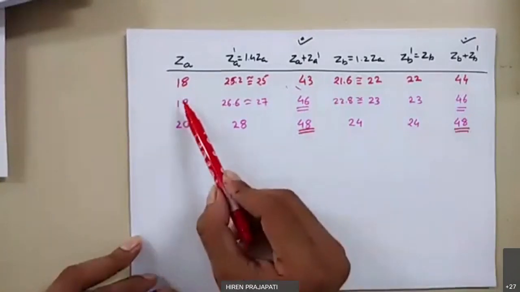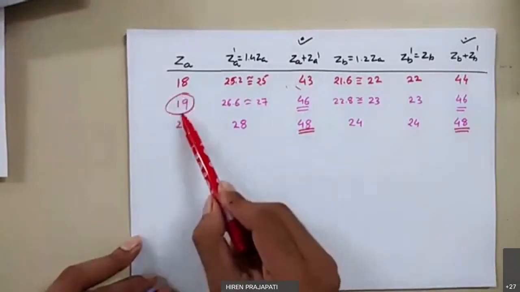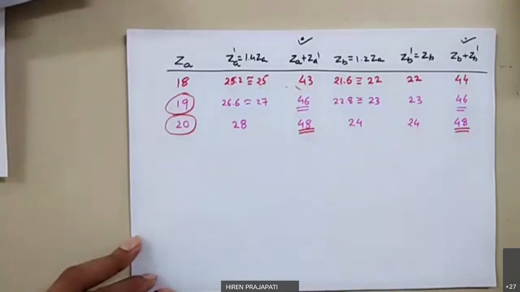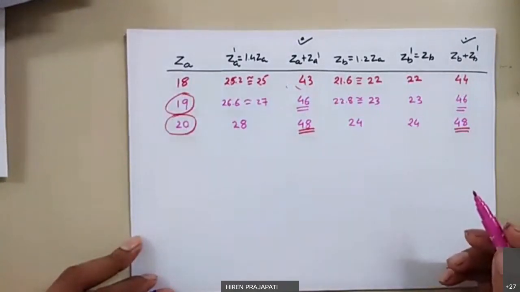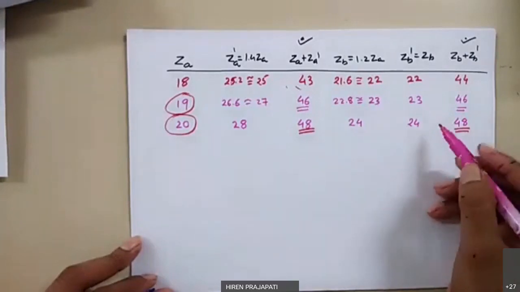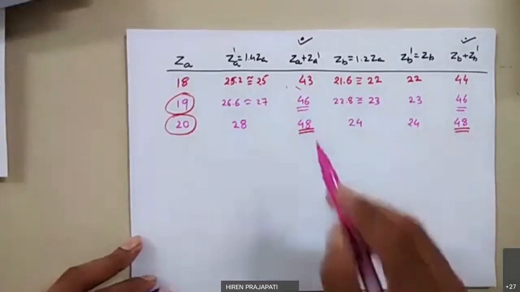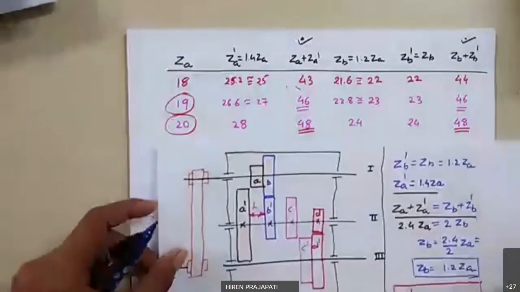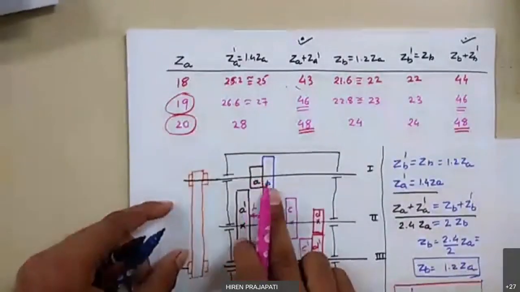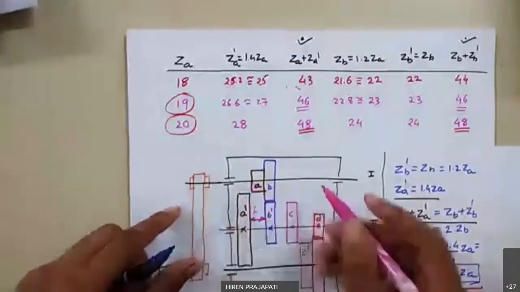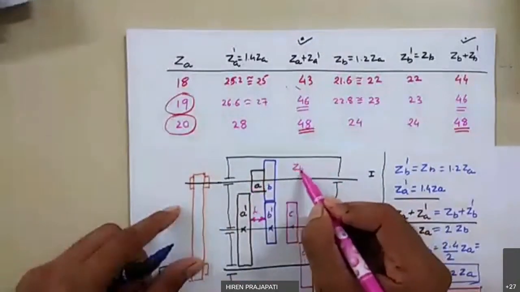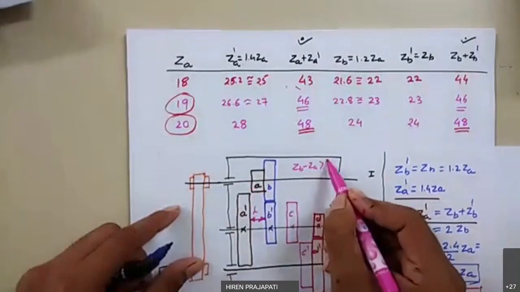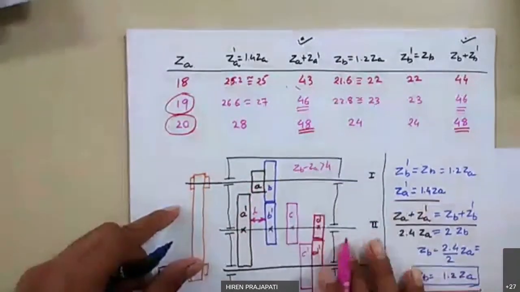Then which is to be taken, either this or this? If you remember, there was one condition for the gear cluster, because if you look here, we are using this as a gear cluster. For a gear cluster, the difference between gears, ZB minus ZA, should be greater than or equal to 4.